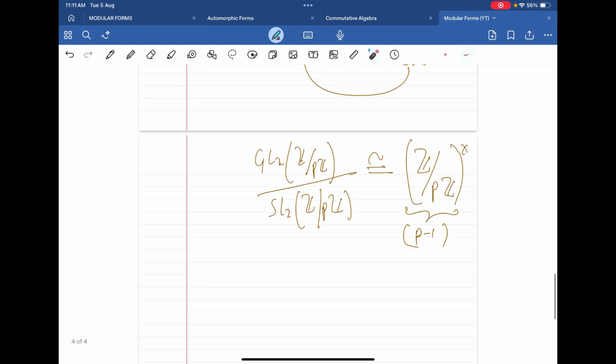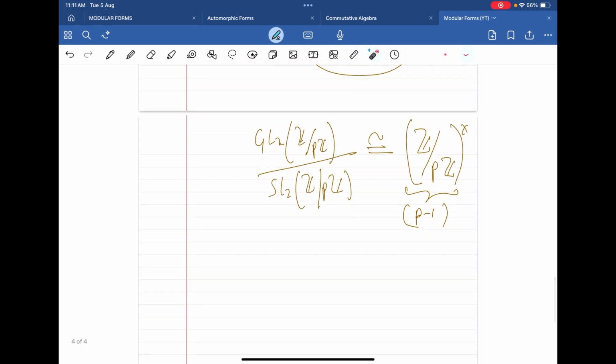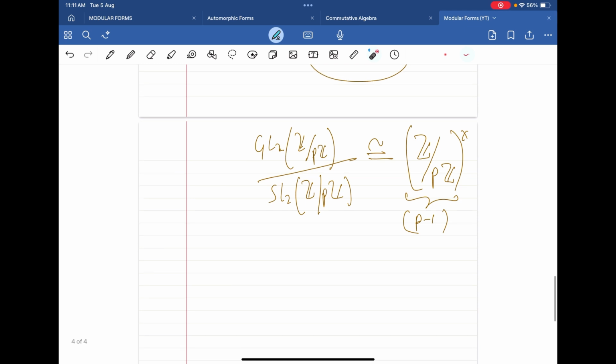And the rest is trivial, showing that the order of this subgroup has nothing to do with more general things. Yeah.